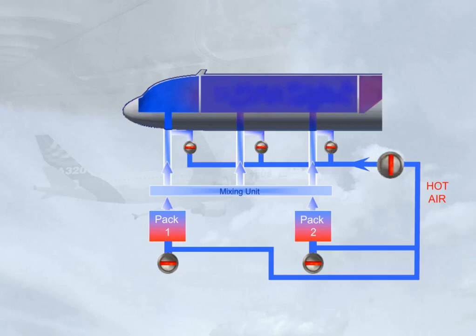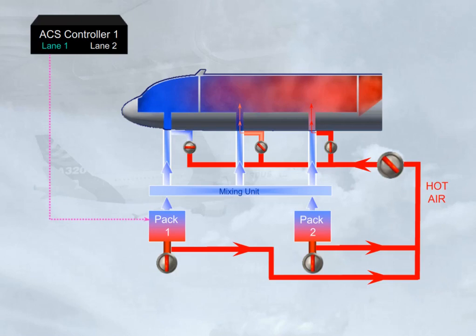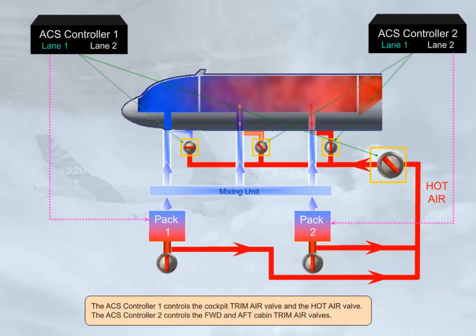The hot air valve and the trim air valves will automatically close. The CS controller 1 controls the cockpit trim air valve and the hot air valve. The CS controller 2 controls the forward and aft cabin trim air valves.